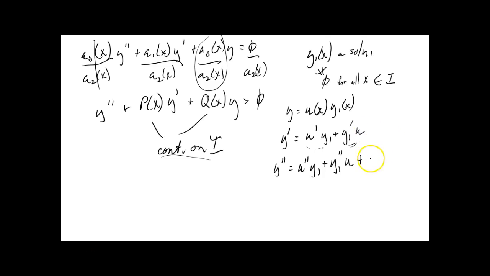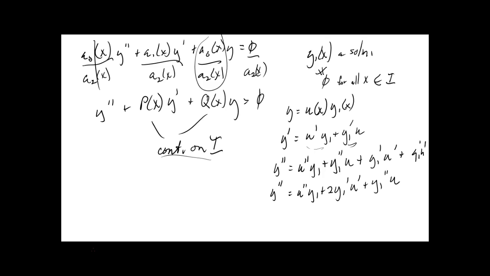Clever of you to put on this y1 prime u prime plus y1 prime u prime again. Oh, clever of you to put them there together. So this would be 2 of them. So this y double prime is equal to u double prime y1 plus 2 y1 prime u prime plus y1 double prime u, or something like that. Okay.